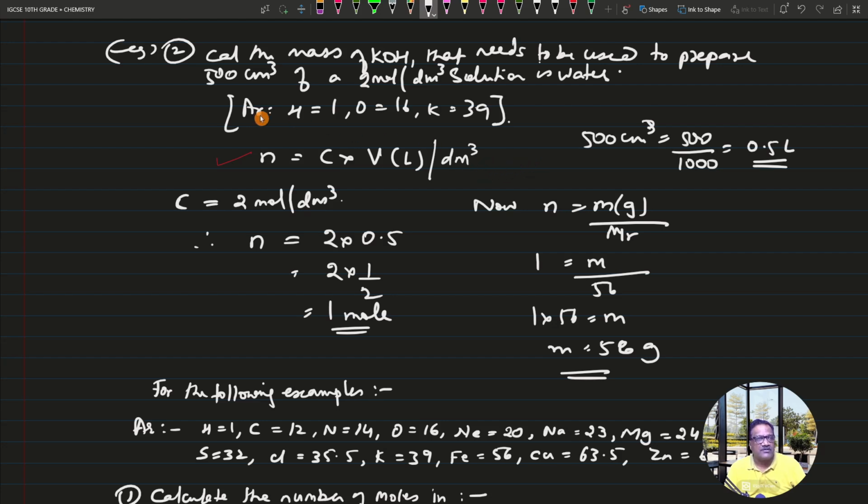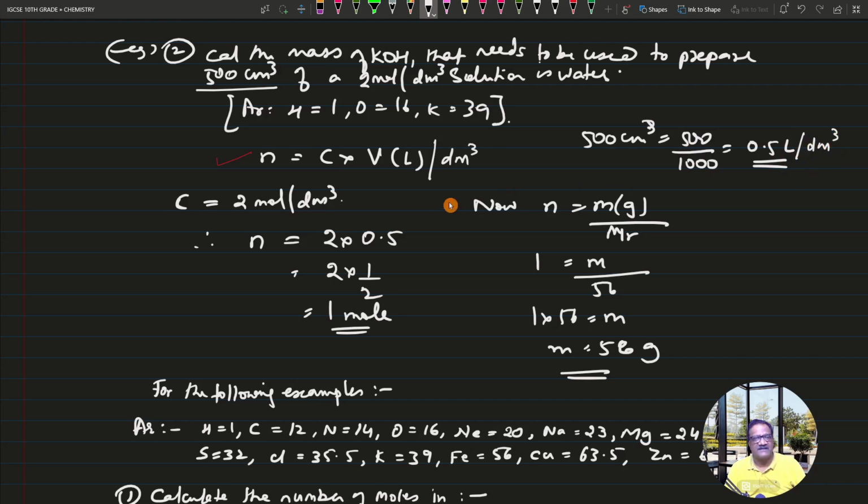So N is equal to C into V, that is the volume in liters, and C is the concentration, and concentration will be in mole per decimeter cube. Fine. So the volume is given for KOH as 500 centimeter cube, but since the volume has to be in liter, you have to divide this 500 by 1000, and that makes 0.5 liter or decimeter cube.